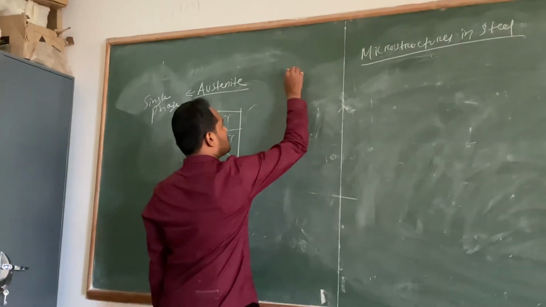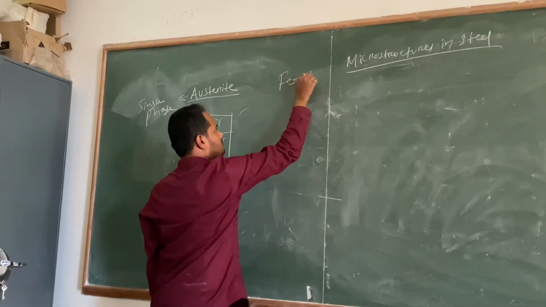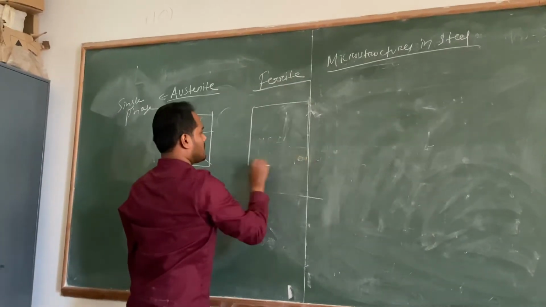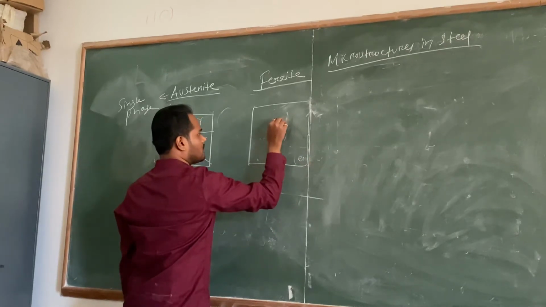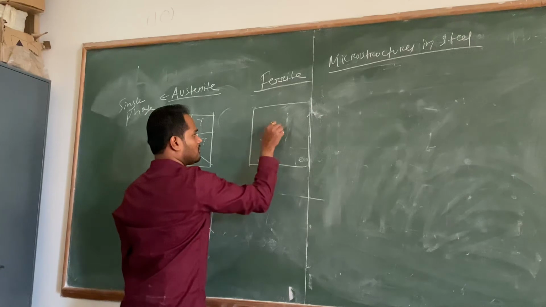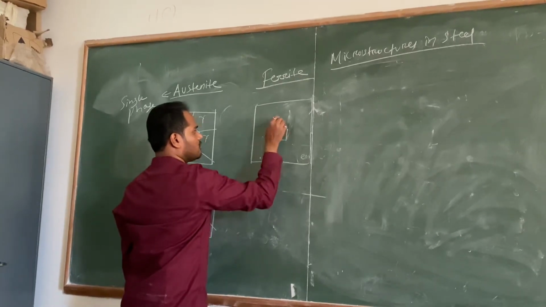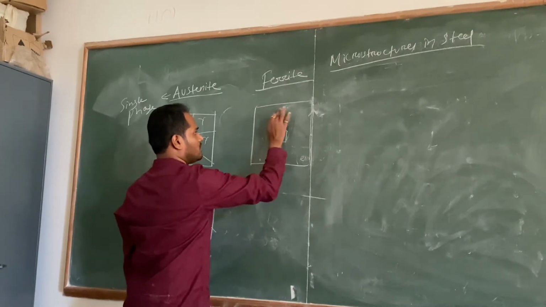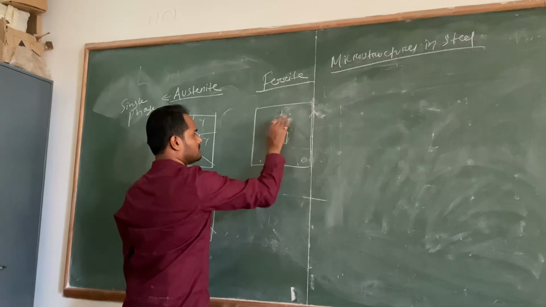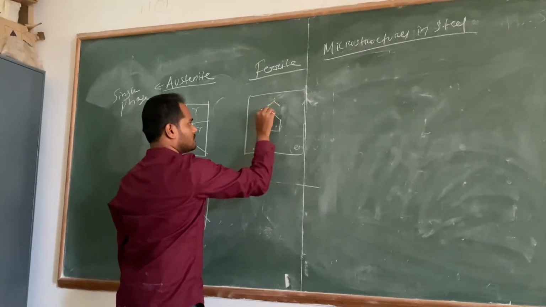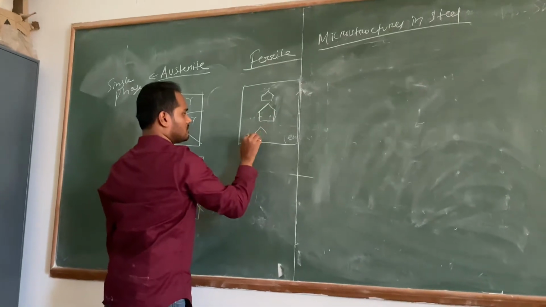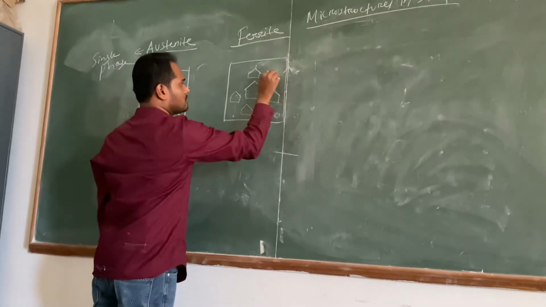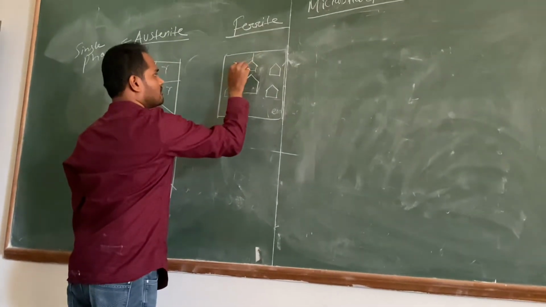Suppose this austenite becomes ferrite. Now how does the ferrite look? Ferrite also looks like this. Same, you can draw it. You draw a small structure, and then you can draw another one, for example. You can join them.